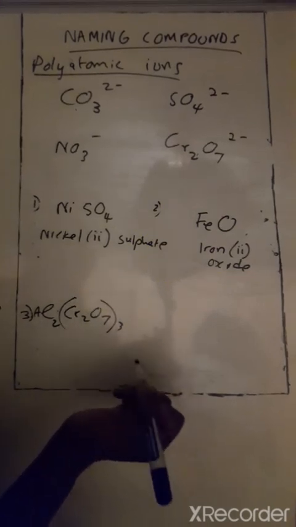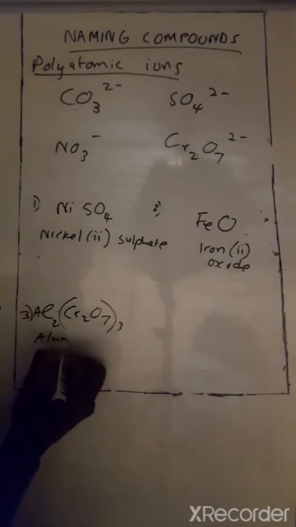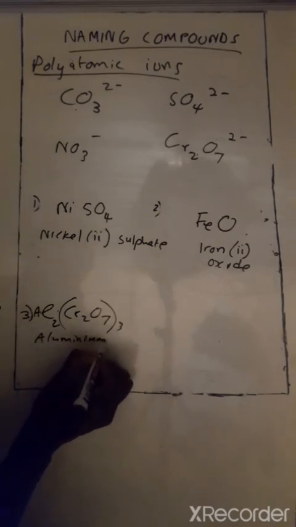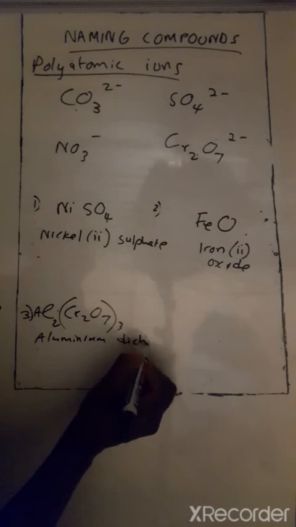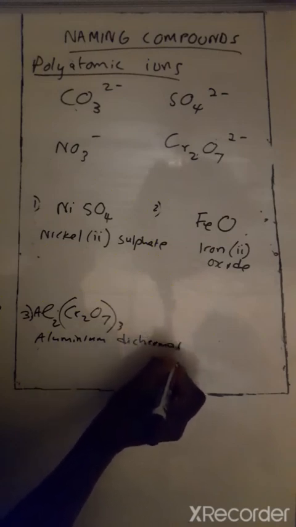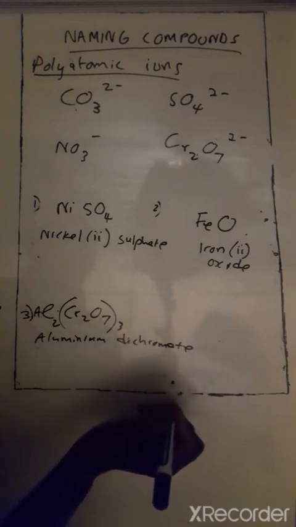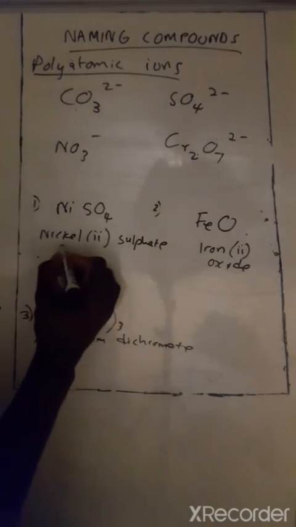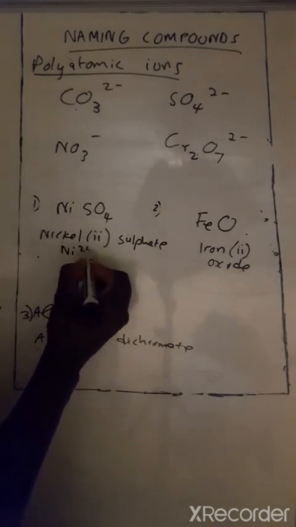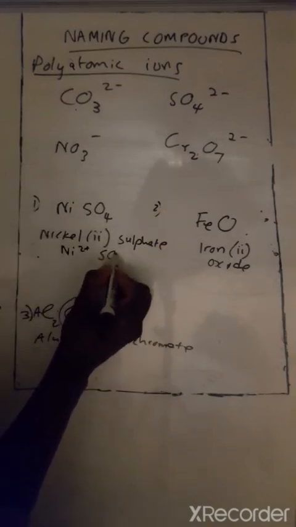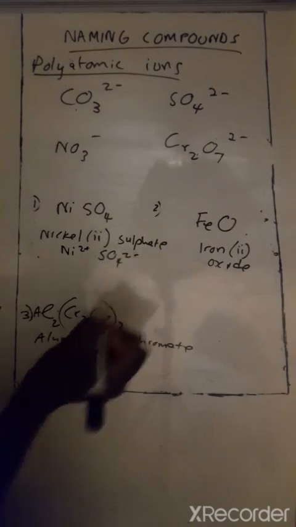So now this is aluminium dichromate. The first one is going to be Ni 2 plus and SO4 2 minus.